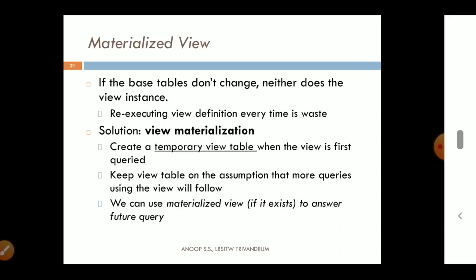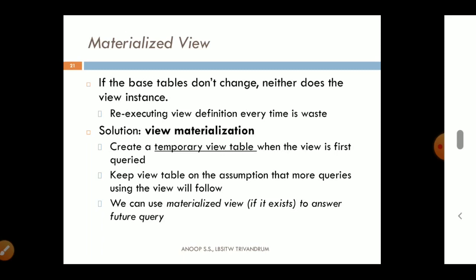The result set is stored as a temporary table in the external level. So whenever there is a request on the view, it will be satisfied from the temporary table itself. There is no need to calculate or access the original database every time there is a request. That means in a materialized view, the view is actually available as a temporary table.